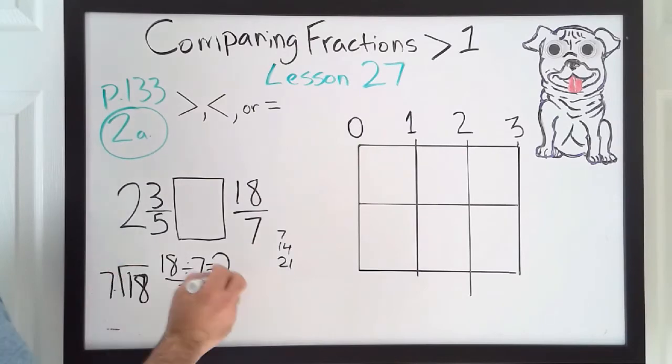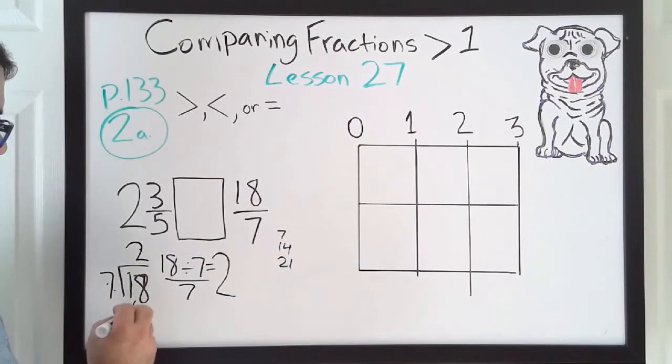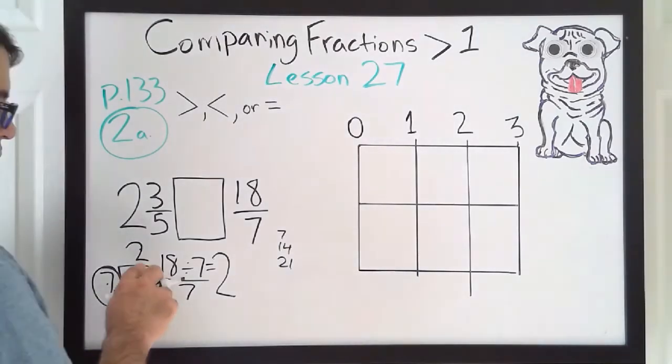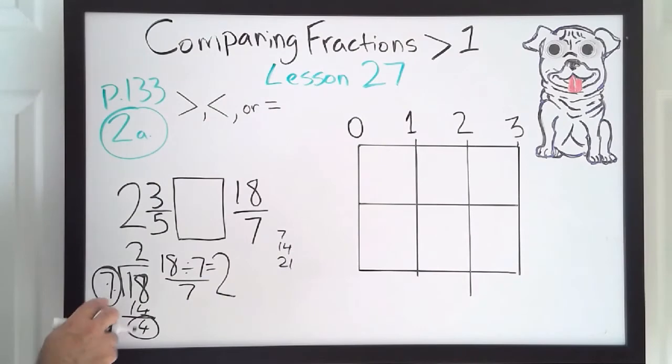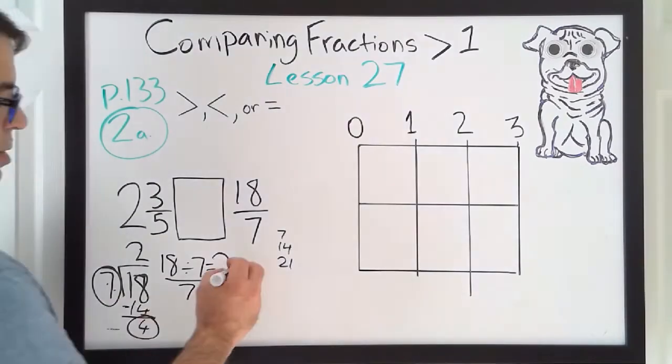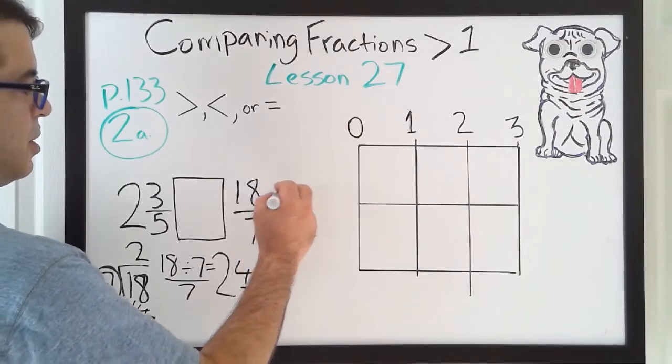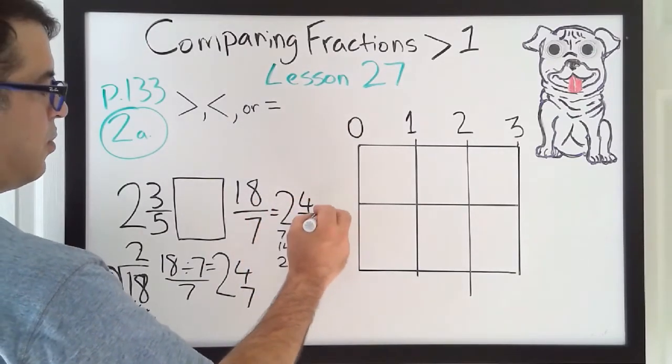We said it goes 2 times, so there's your whole number, 2. 2 times 7 is 14, and the remainder is 4 over 7. Okay? So that's 2 and 4/7. That's a subtraction sign. 2 and 4/7. So this is really 2 and 4/7.